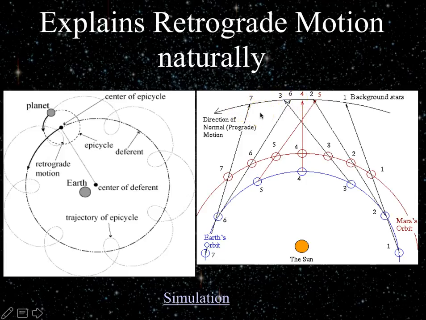So this idea of loop-de-loops in epicycles is unnecessary if you have the Earth orbiting inside of Mars.